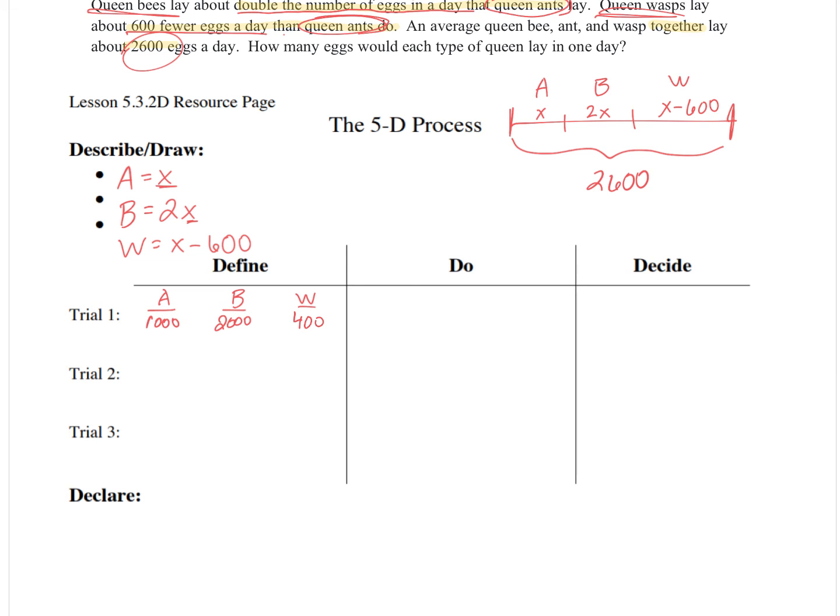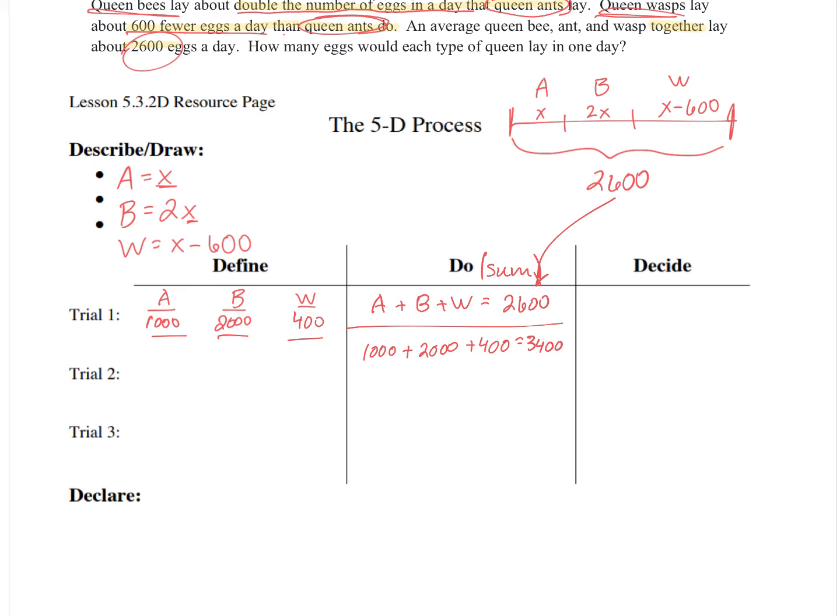And then the do part of this, we need to find the sum because we know when we add them all together, A plus B plus W, we're going to get 2,600. So we're going to see if we add these three together, do we reach our goal of 2,600? So 1,000 plus 2,000 plus 400. 1,000 plus 2,000 is 3,000, and then 3,000 plus 400 is 3,400.